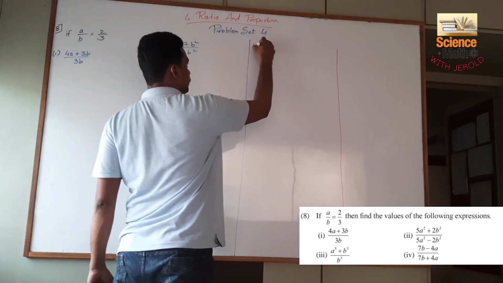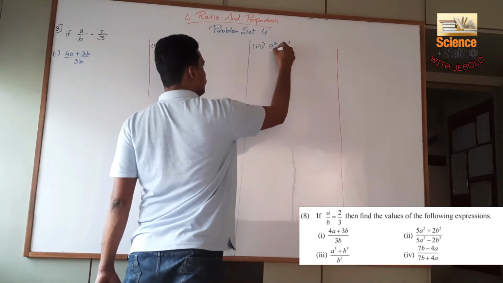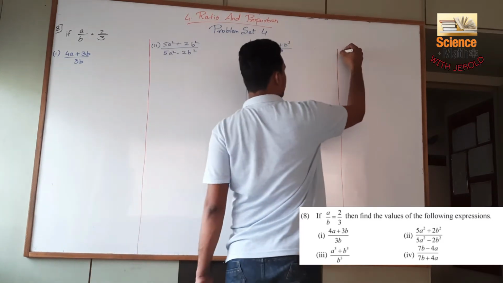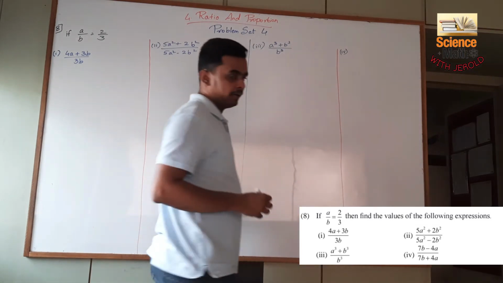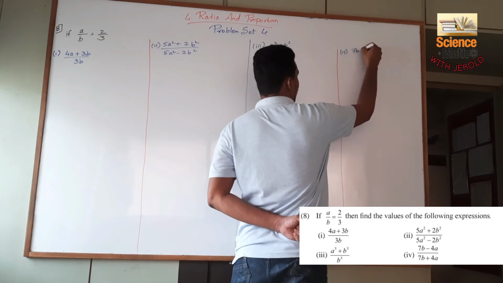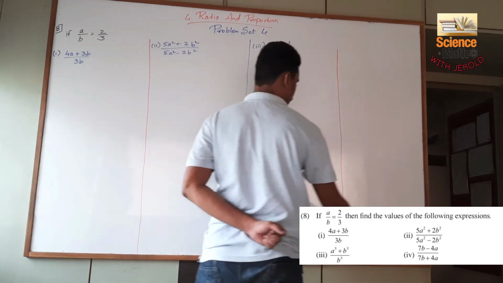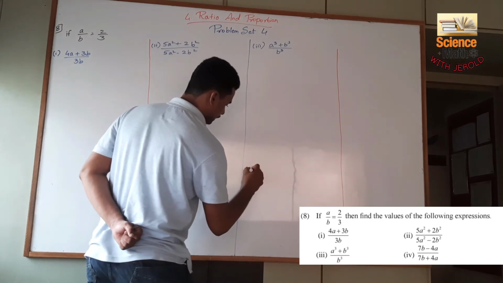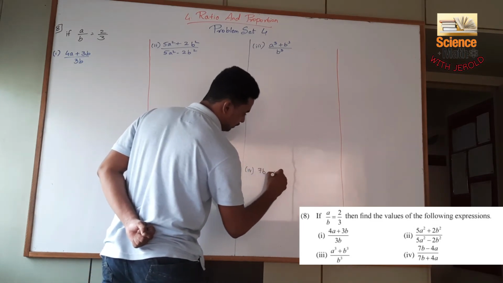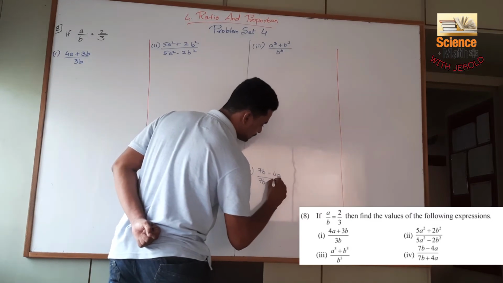The third thing is A cube plus B cube upon B cube. And the fourth and final thing in this problem set is 7B minus 4A upon 7B plus 4A. Let us start the fourth part from here, as it will not fit in this part.